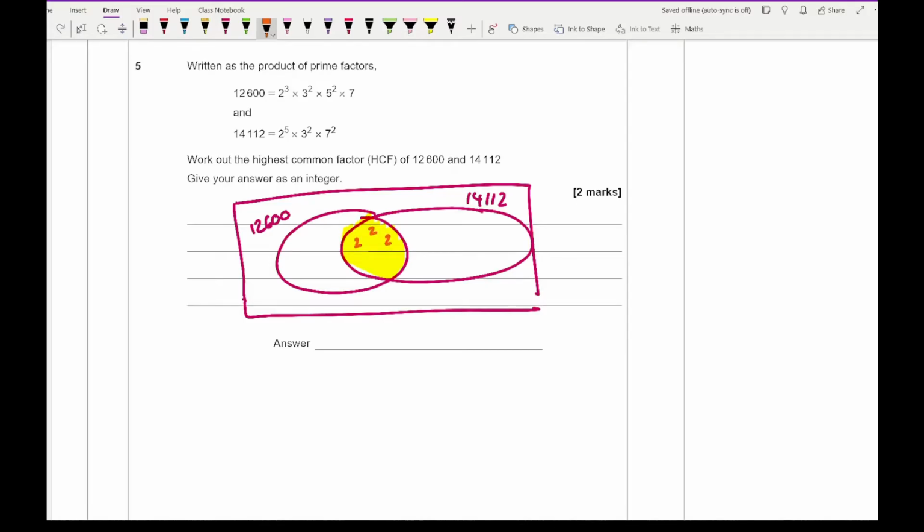They've both got 3 squared, so they both can have 2 threes. And they've both got 1 seven. So my highest common factor is going to be 2 times 2 times 2 times 3 times 3 times 7. And if I type that all into my calculator, I get an answer of 504.